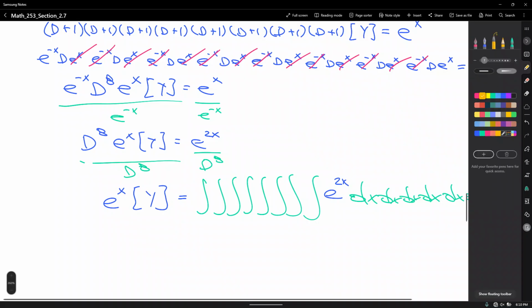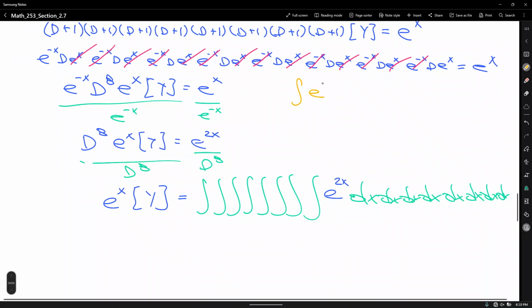What happens when you integrate the integral of e to the ax dx? This is 1 over a, e to the ax. What if you do this a second time? The double integral of e to the ax dx, you would get 1 over a squared, e to the ax.